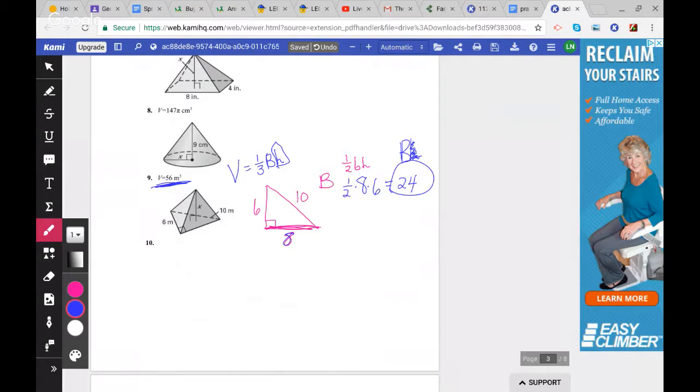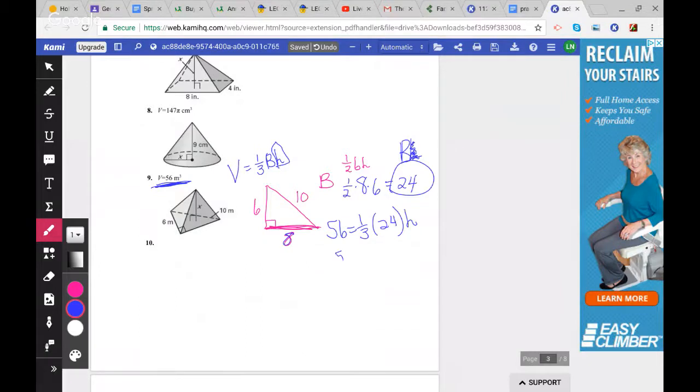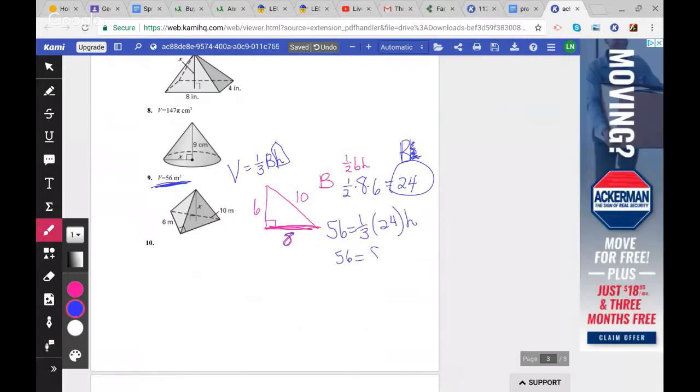Did all that make sense, or did I say it too fast? That makes sense. So then I'd set it up like 56 equals 1/3 24 times H. Mm-hmm. And then I'd just go ahead and reduce that and get H by order of operations. Mm-hmm. So go ahead and take 1/3 of 24, because that's pretty easy. It comes out even.